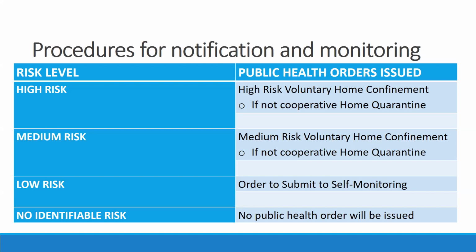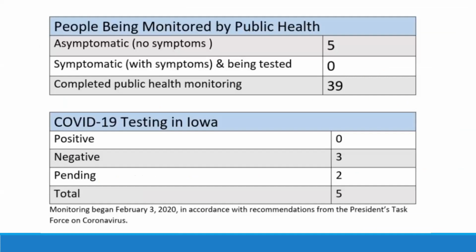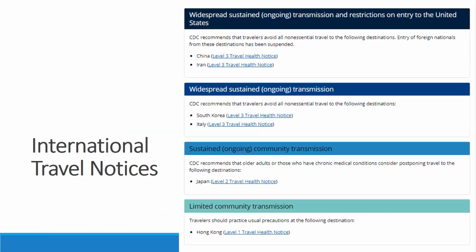That was a recent addition just yesterday, as they return to Iowa to make sure that they remain healthy. So if you're ever interested in the numbers of people being monitored, that's posted on our website. It's the top table. So far, 39 people have completed monitoring, meaning that they stayed well for their 14 days. And we currently have 5 people under monitoring.